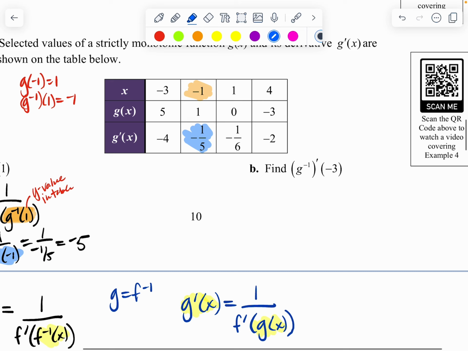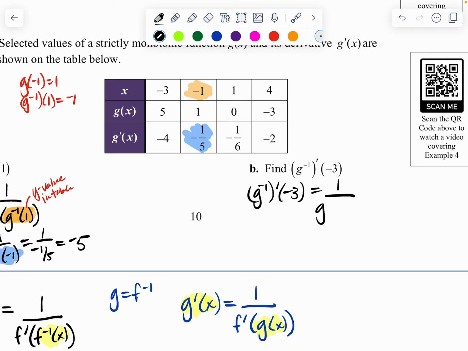All right. Let's do the same thing here. We're going to find g inverse prime of negative 3. Let's do our formula. 1 over g prime, g inverse of negative 3. So we're going to look up negative 3 as a y value right here. So our answer is going to be 4.